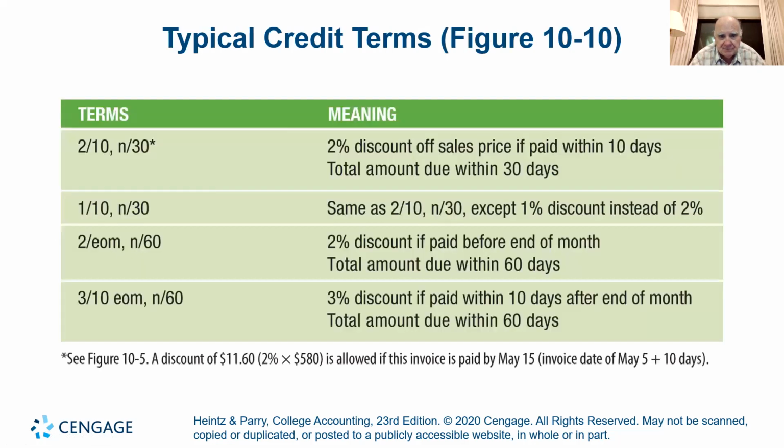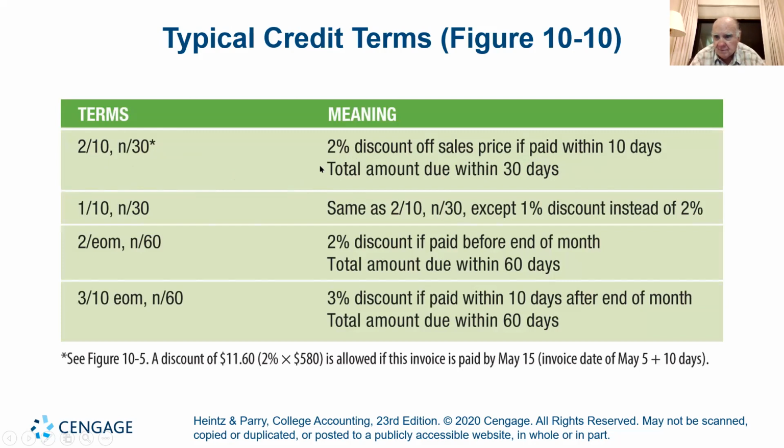Sales discounts. Now, here is what we mean by a sales discount. It is typically expressed like this: 2/10, net 30. 2% discount off the sales price if the customer pays within 10 days.